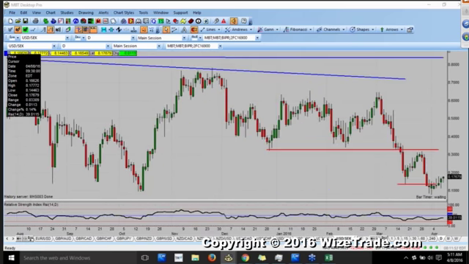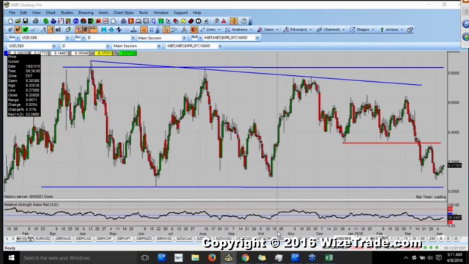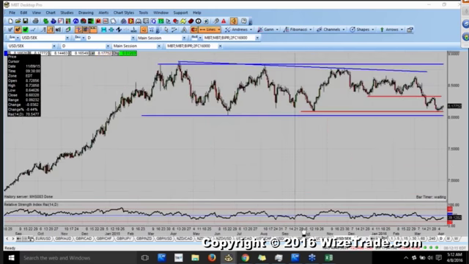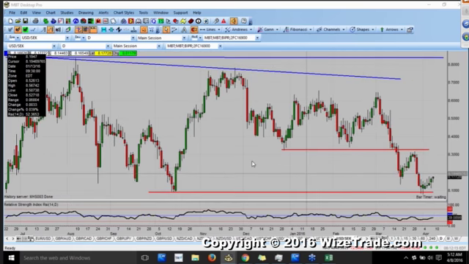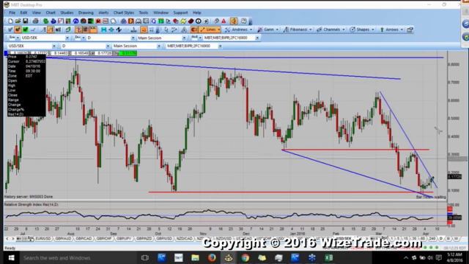Here's the Swedish krona. Look at the U.S. dollar Swedish krona. Look at how strong it is. We're near a longer term bottom, just like the dollar index. This U.S. dollar Swedish krona almost looks like the dollar index. Some, myself included, would say the U.S. dollar Swedish krona is a precursor to the dollar index.